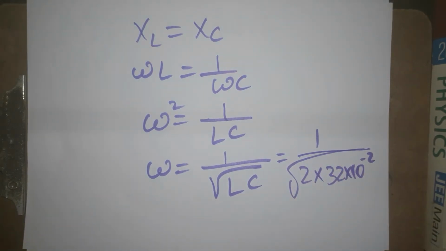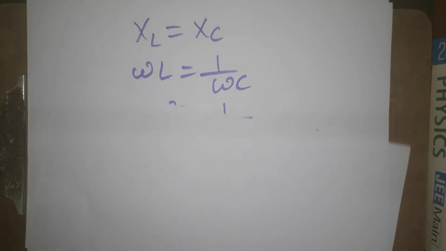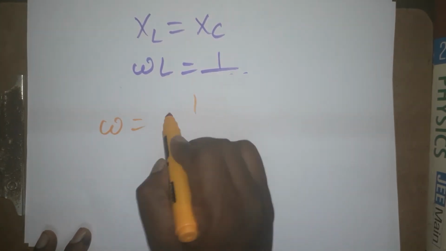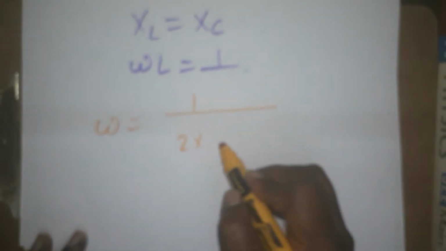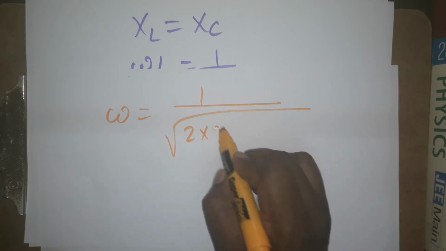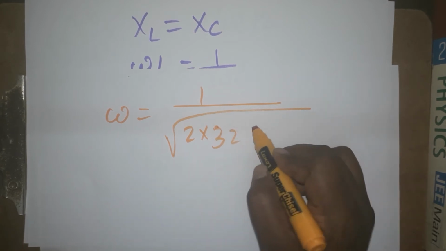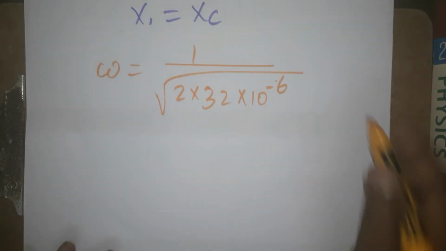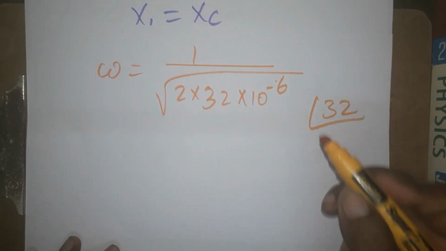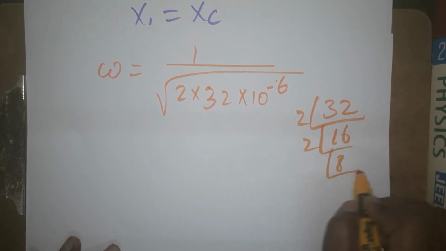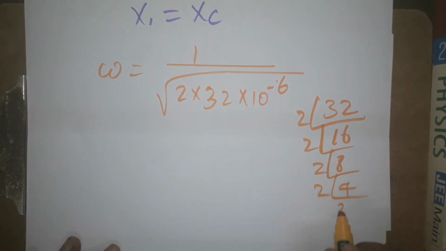Now I will do the solution for this problem. Omega is equal to 1 divided by root of LC, substituting all the values. It's going to be 2 into 32 into 10 power minus 6. For 32, taking the common factor, 32 to 16, to 8, to 4, to 2, there are five 2's, and including this 2, there are six 2's.